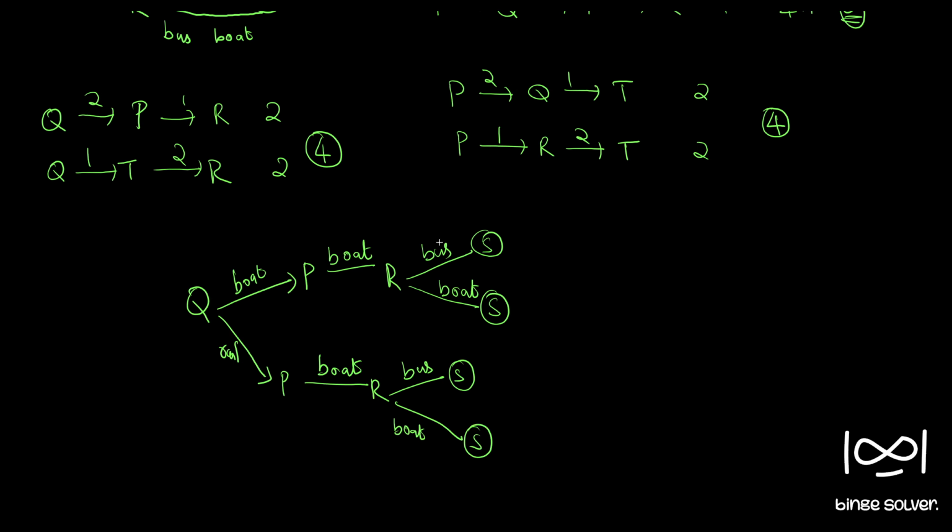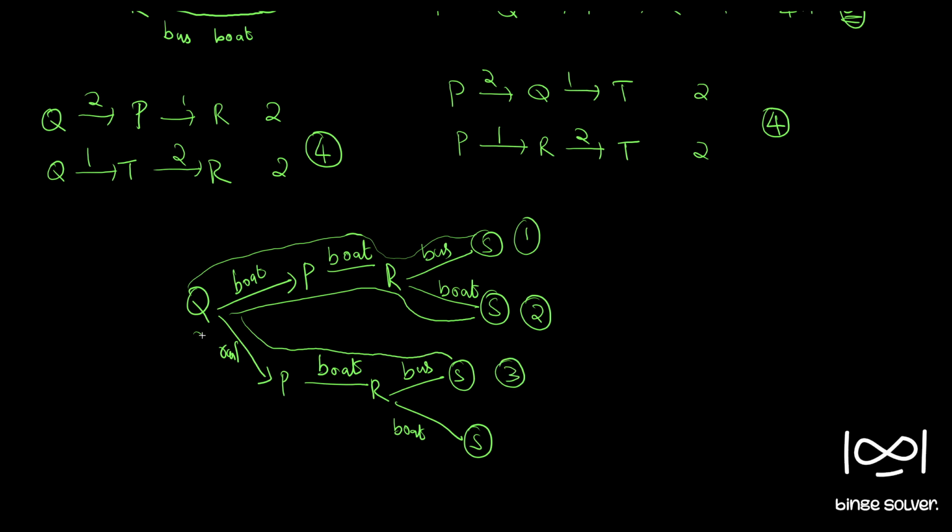So Q, P, R, S, this is one path going like this. Similarly, Q, P, R, and S going like this will have a different path. So this is the second path. Taking this path will be the third path, and similarly going like this by boat will be the fourth path.